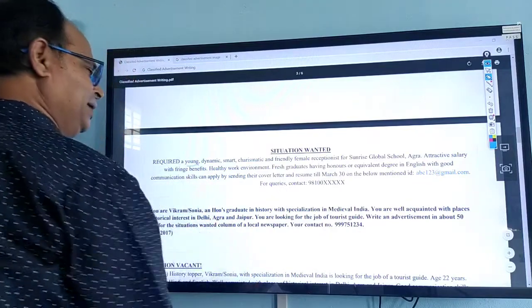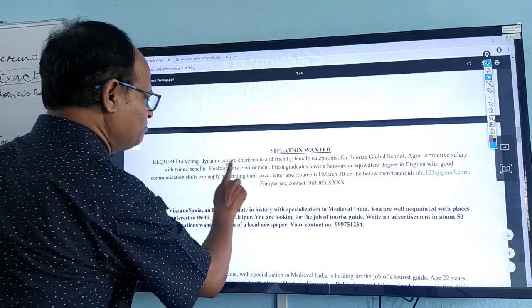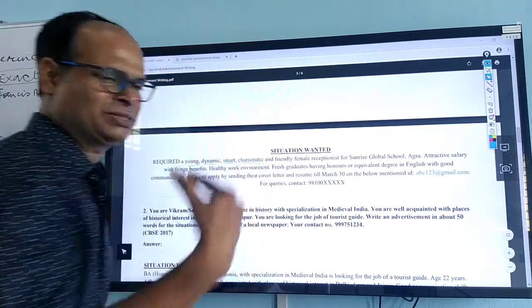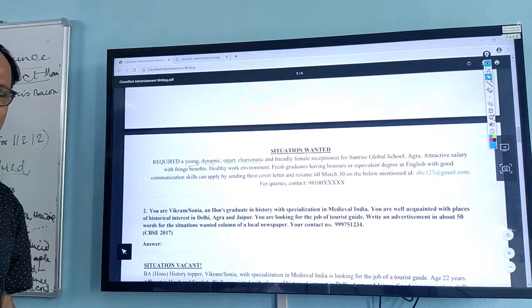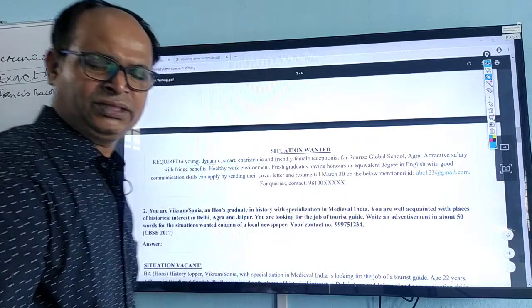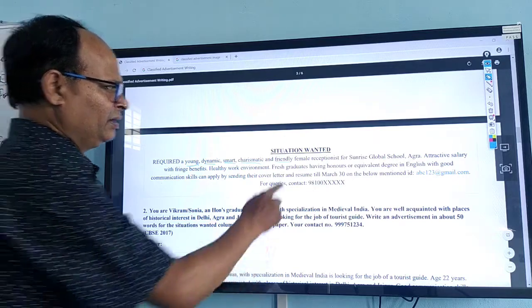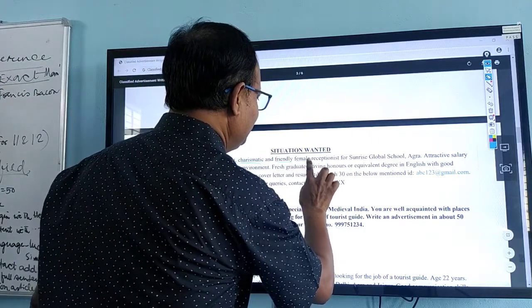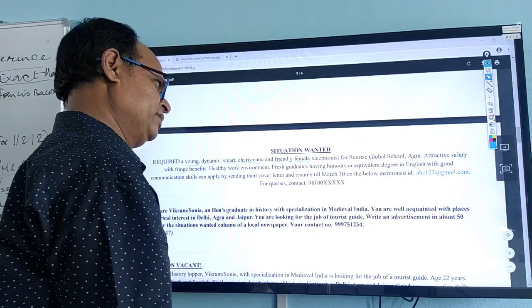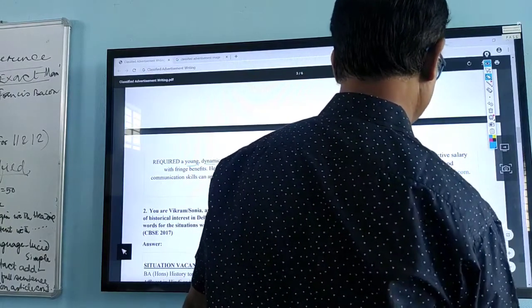Young, he should be very young, very dynamic or active, very smart, he should have charisma, means his personality should be very attractive or magnetic. He should be very friendly, not unfriendly, and it is a female, therefore she should be a female receptionist, and this is needed for the global school.